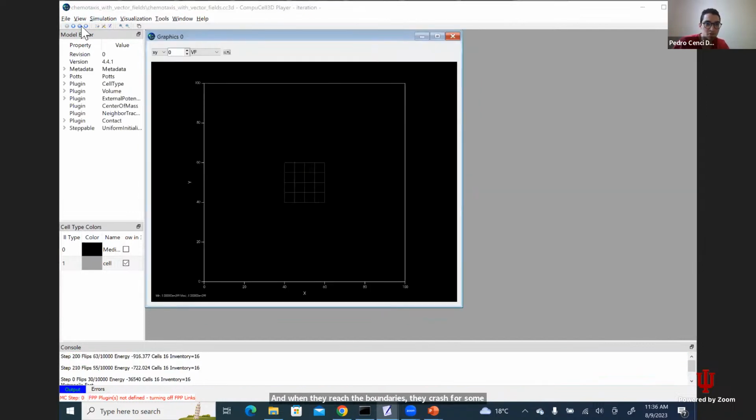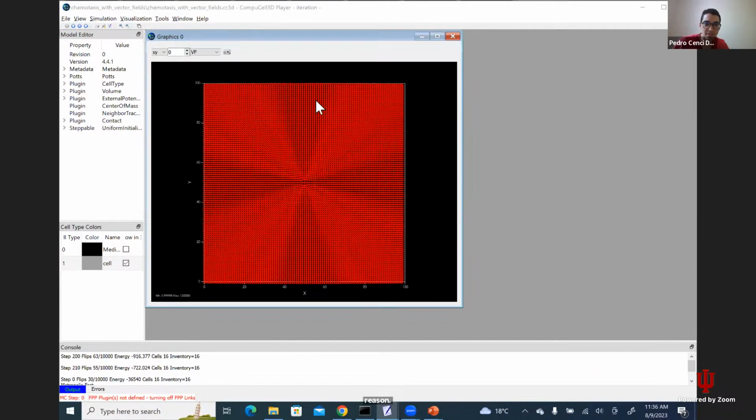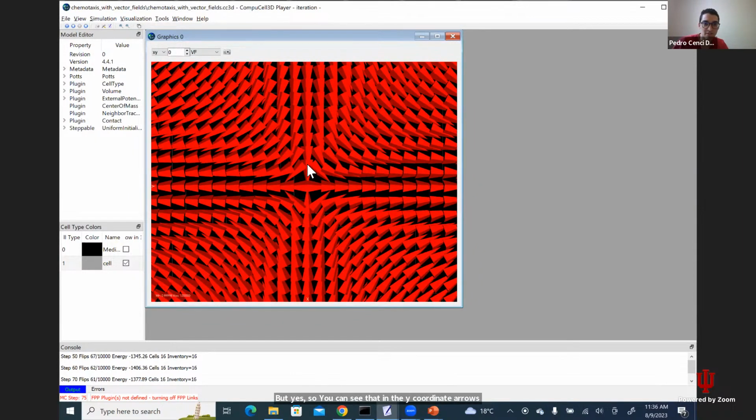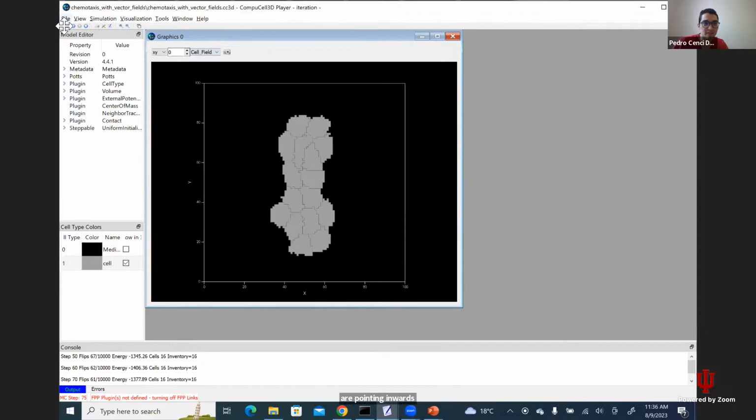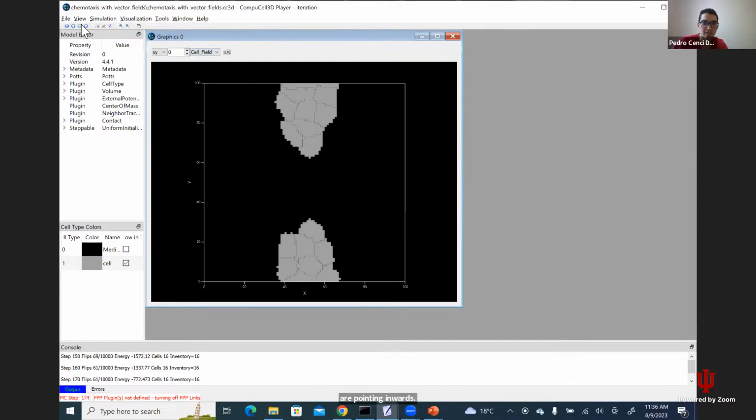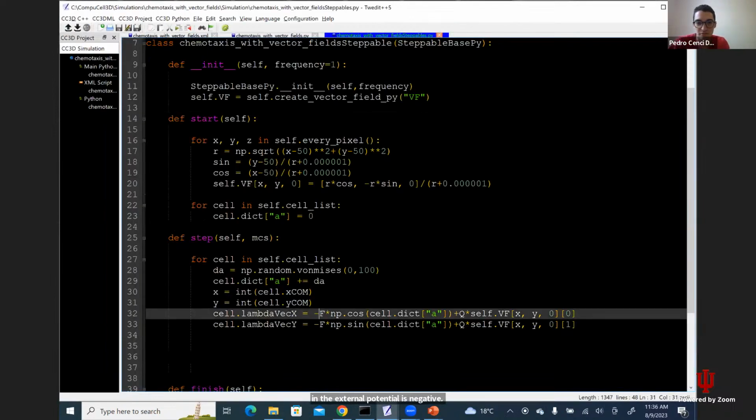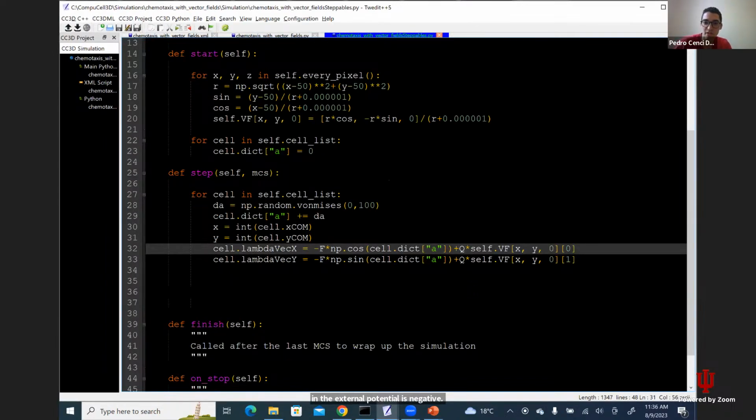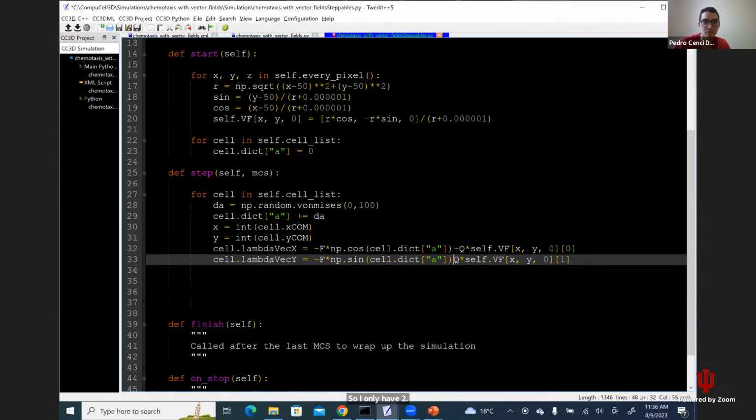But you can see that on the y-axis, arrows are pointing inwards and cells are following that direction. So they are not following the direction of the lines because my lambda in the external potential is negative. Oh, actually it's positive. It's the opposite of what I was talking about.